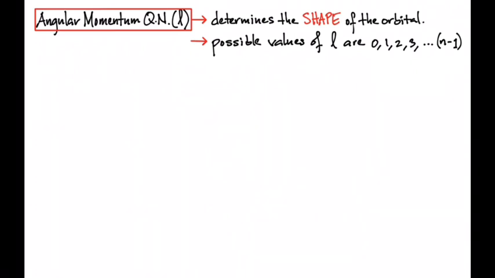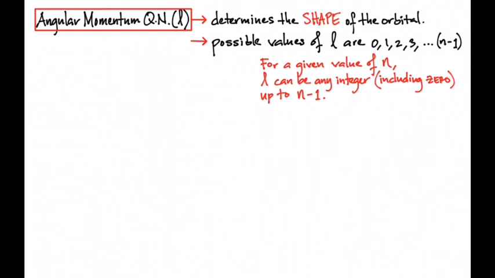And so the possible values of l are from 0 all the way to n minus 1. Okay, so it's a range basically, right? And the minimum value of l is 0. So for a given value of n, l can be any integer, including 0, up to n minus 1.